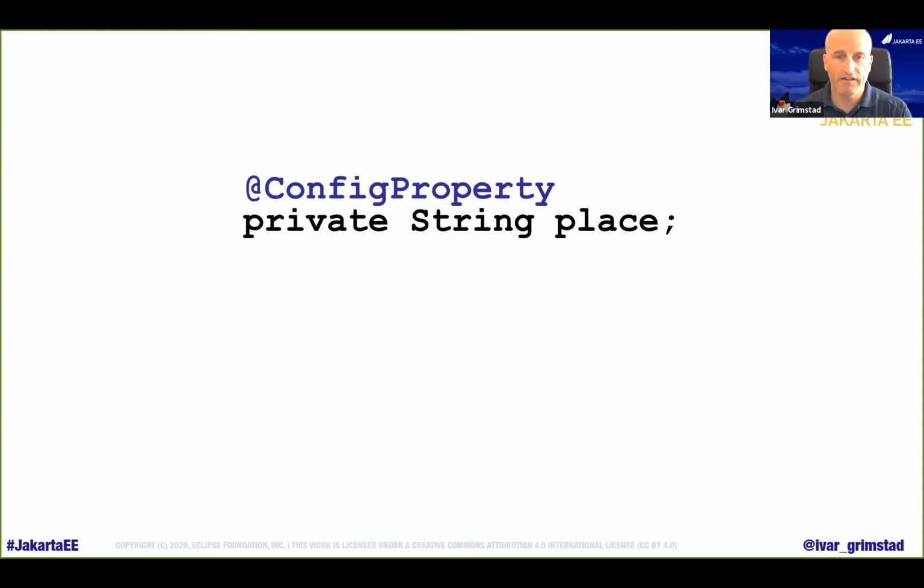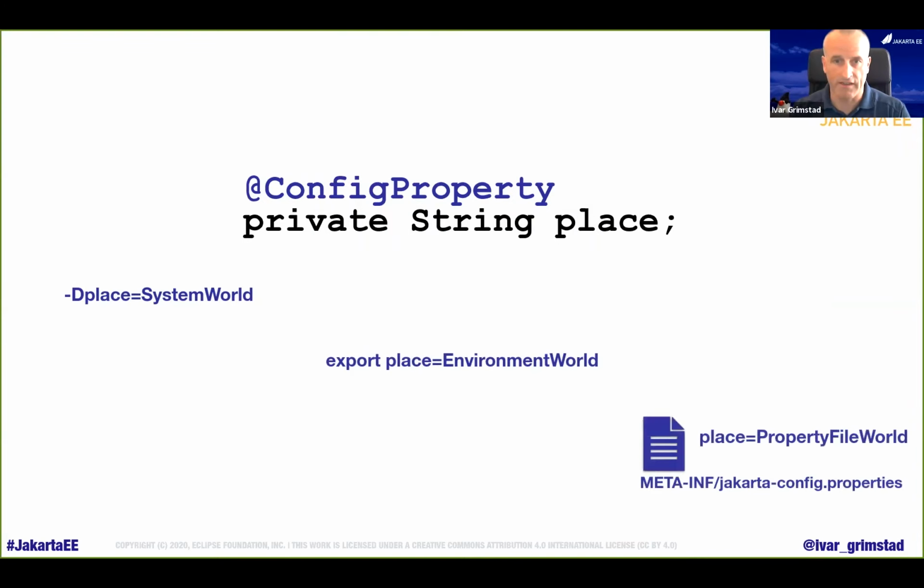And I'll look at some example that could be solved with config. And this is exactly the same as you would do with MicroProfile Config. You would be able to annotate a property, in this case, a string called place.